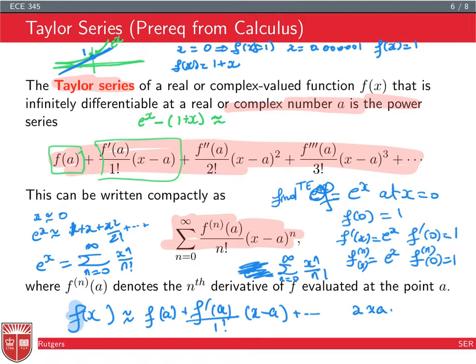When you subtract these terms from e of x and approximate again by taking the derivative, you get this term, and so on and so forth. This is basically the geometric interpretation of the Taylor series.